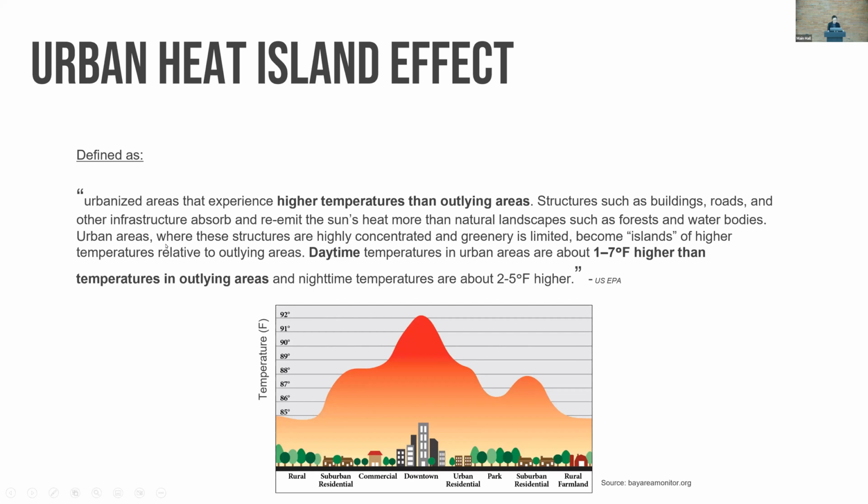Urban areas where these structures are highly concentrated and greenery is limited become islands of higher temperatures relative to outlying areas. Daytime temperatures in urban areas are about 1 to 7 degrees higher than temperatures in outlying areas, and nighttime temperatures are about 2 to 5 degrees higher, from the US EPA.